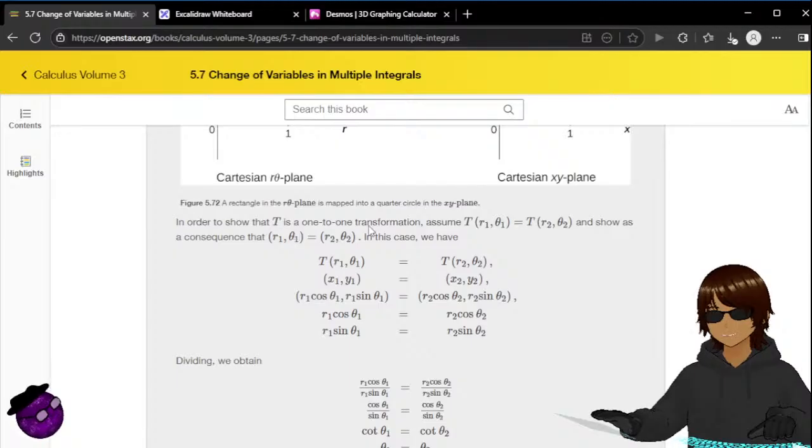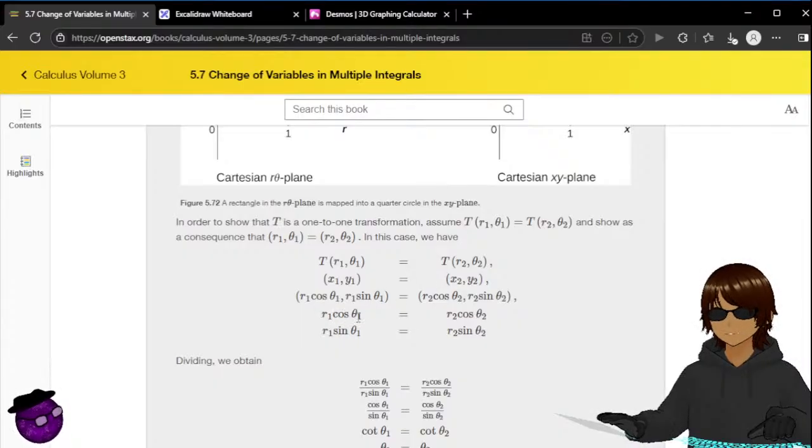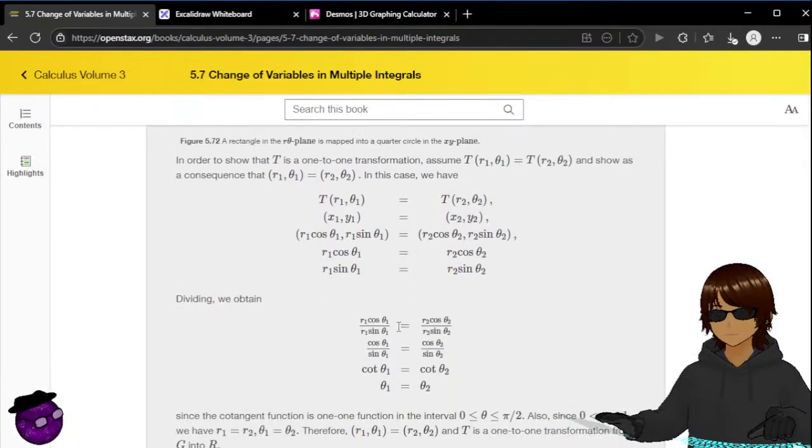In order to show T is one-to-one, assume that T of r1, theta 1 is equal to T of r2, theta 2. We do this, we get this, we get r1 cos theta 1, r2 cos theta 2. Dividing, we obtain... What do you mean dividing? For dividing these two, we obtain r1 cancels out, r2 cancels out.